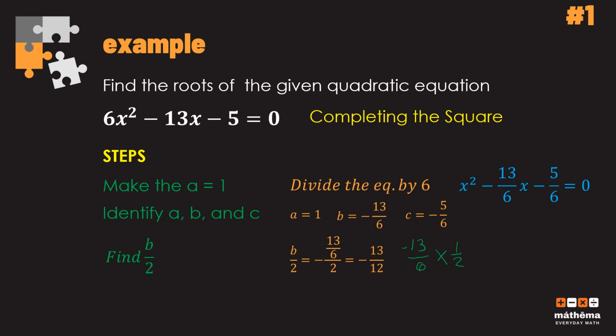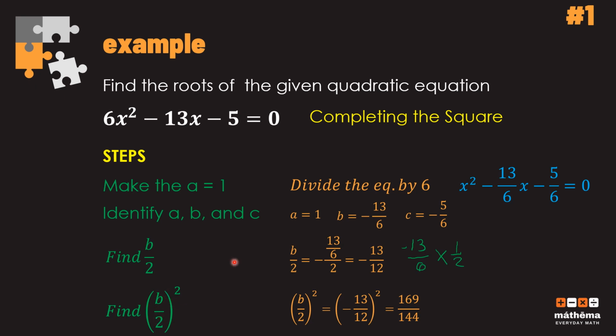Next thing to do is we are going to find b over 2 squared. So we are just going to simply square this number, negative 13 over 12, and that will give us 169 over 144.